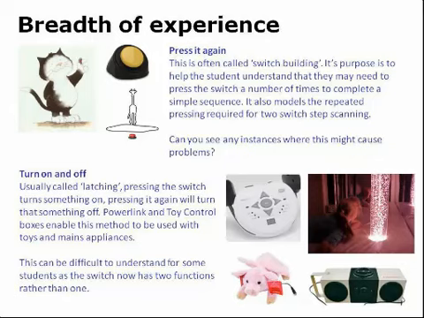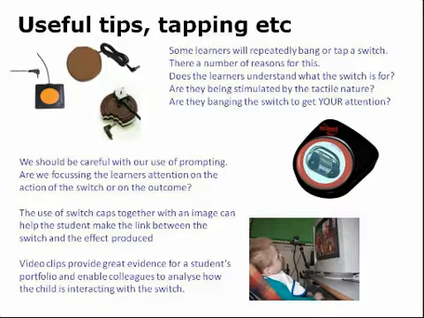And then switch it round, put some music on that you know the child actually doesn't like, and wait for the child to turn it off. And slowly, with that, we can start to introduce the concept of latching.